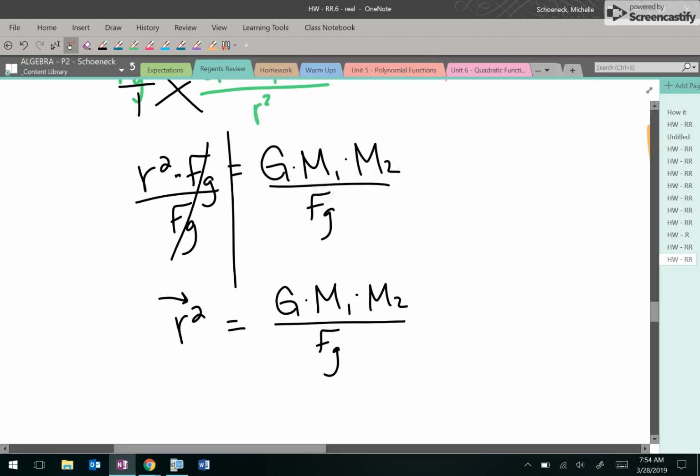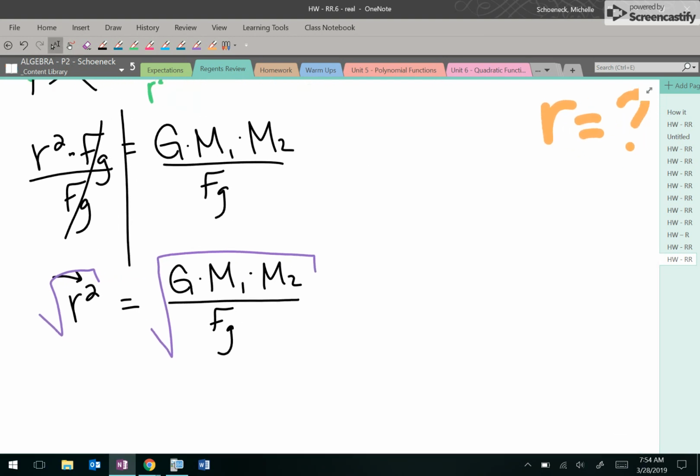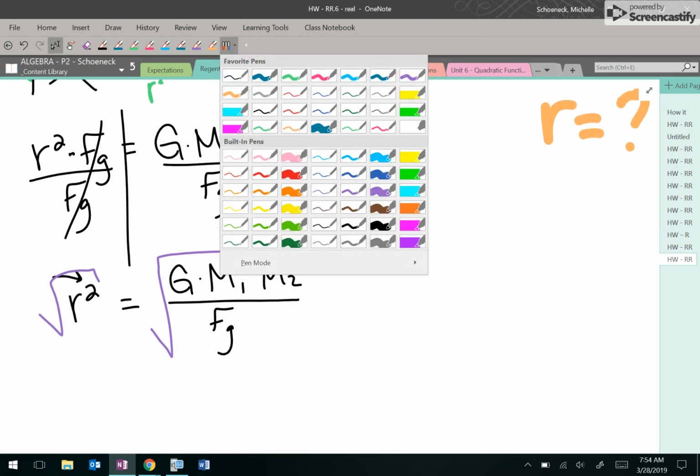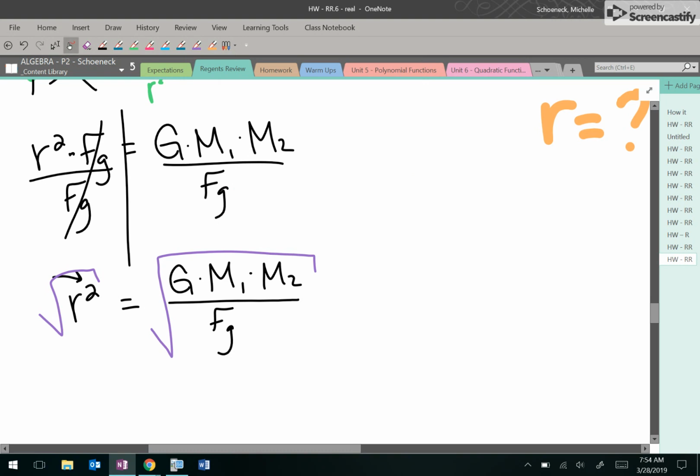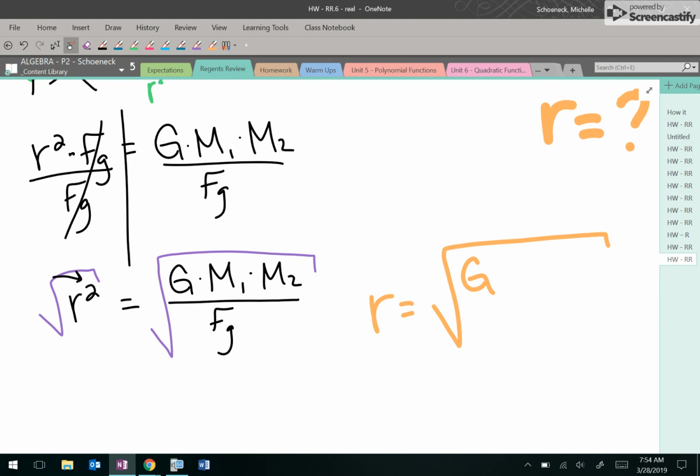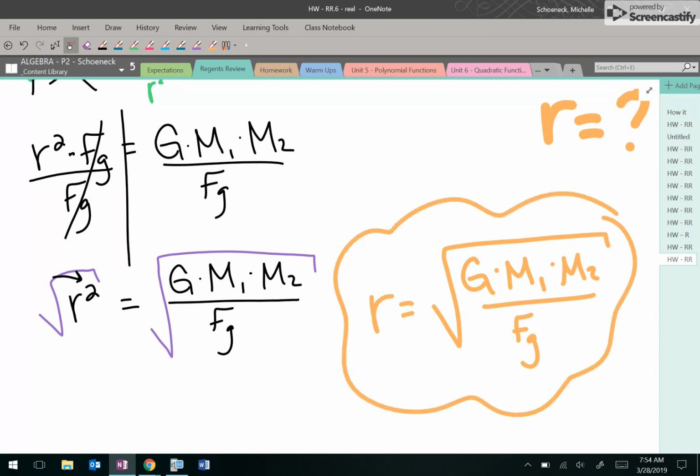It is taking the square root. So I'm going to take the square root of both sides, because what I do to one side, I have to do to the other. So that leaves me with a final answer here of r equals the square root of that big fraction. And that would be our final answer. We have r by itself here.